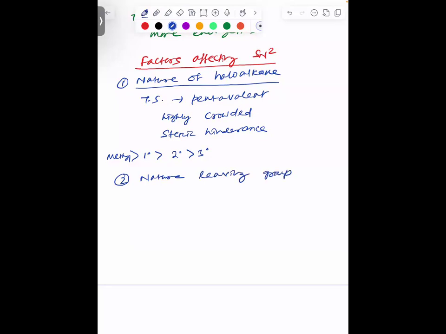Nature of the leaving group. The better the leaving group is, it gives nucleophilic substitution more easily.